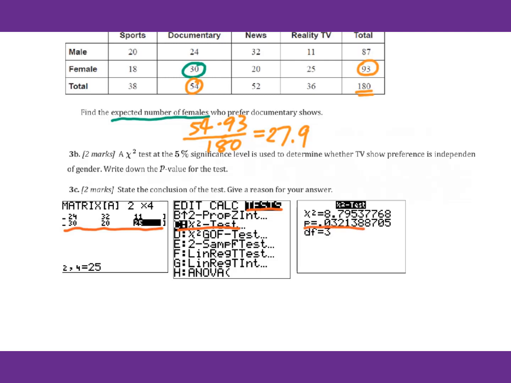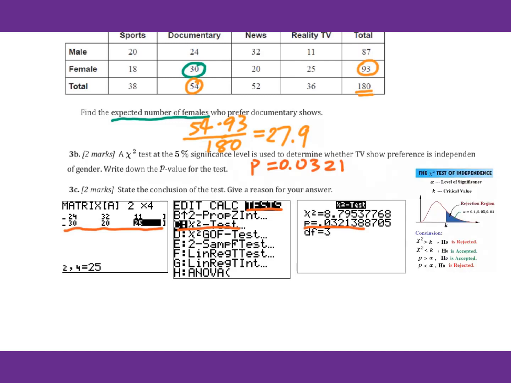Here's the p-value. P equals 0.0321. Since we didn't get the critical value, you have to use this p-value to draw the conclusion. This p-value compared to 0.05: 0.0321 is less than 0.05.